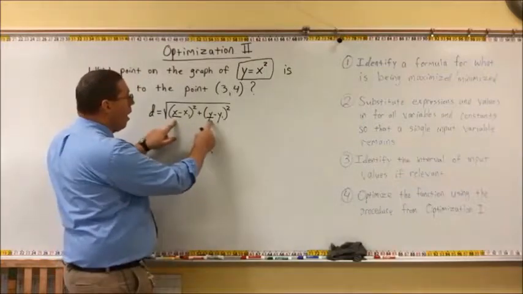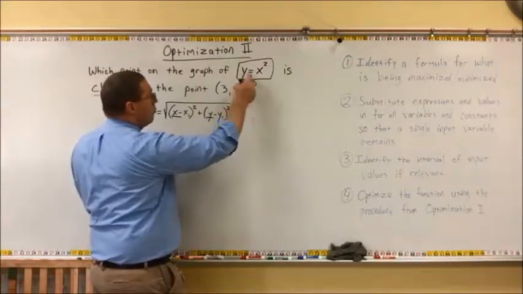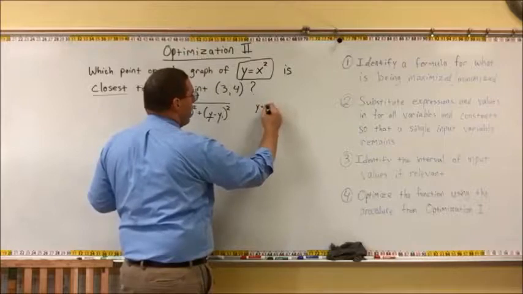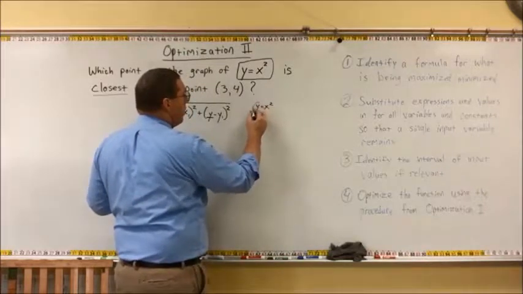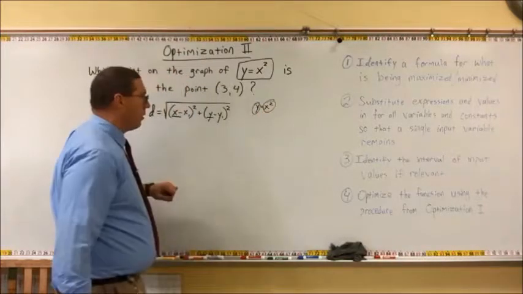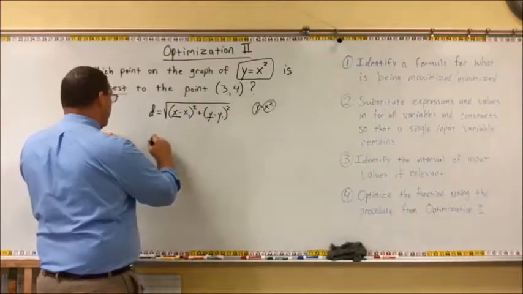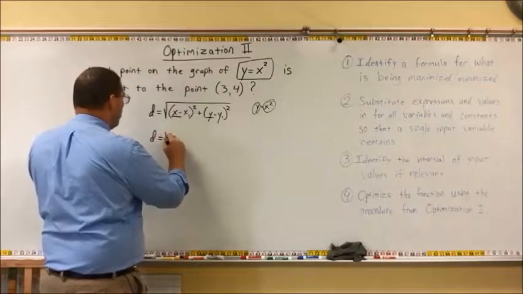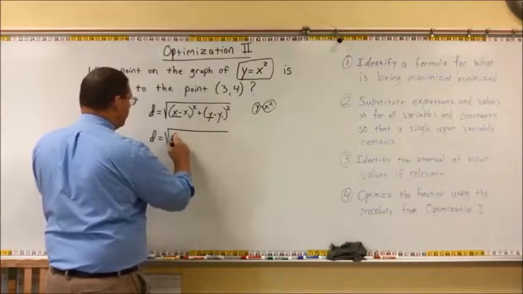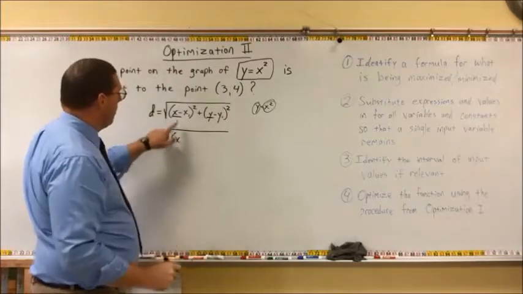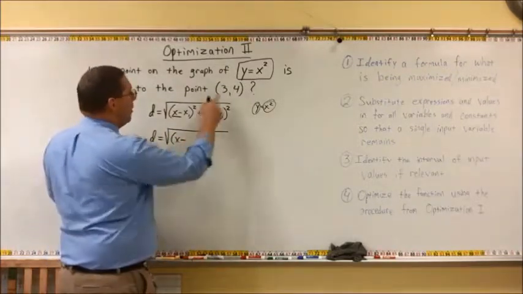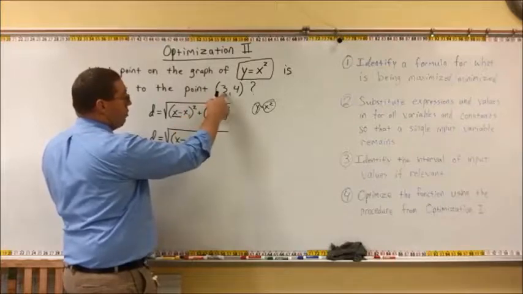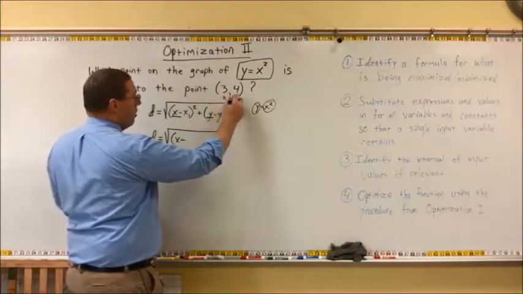Then we have x and y, and because we have y equals x squared, we're going to replace y with x squared. And this is what we're going to have. Distance is equal to the square root of (x minus 3) squared plus (x squared minus 4) squared. Our point, this is an x and this is a y, right?